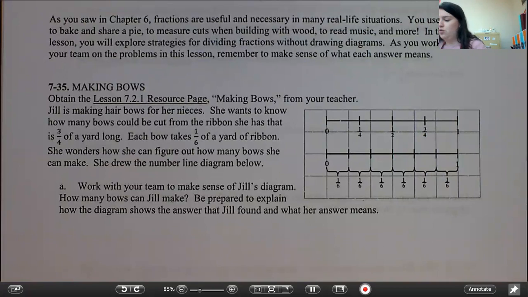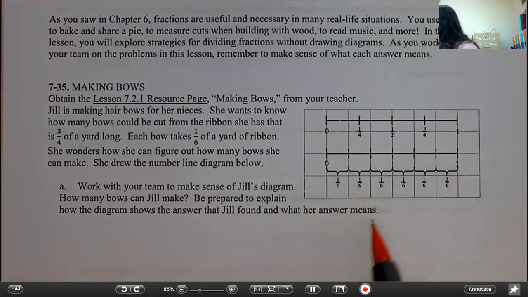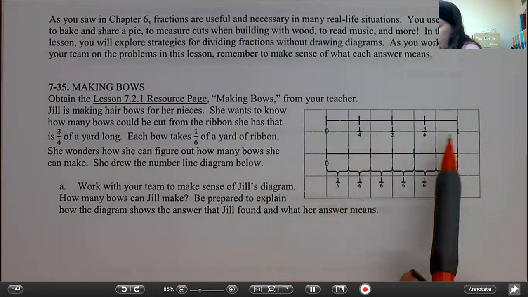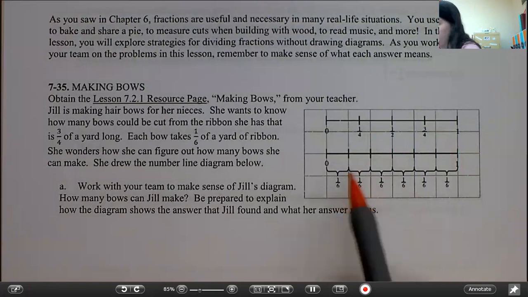Okay, if you're back with me, you have answered part A. So let's take a look. There are sixths in 3/4 of a yard.